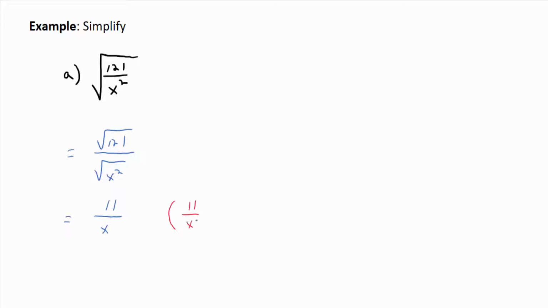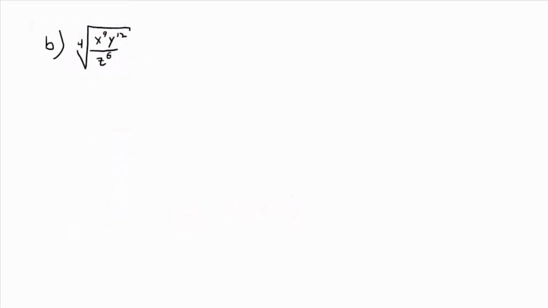Or 11 over the absolute value of x if variables can be negative. In this case, I'll just put if x can be negative. Okay. Is x going to equal 0 in this case? No, and that's just the natural assumption. Oh, yeah, we can't divide by 0. You guys could have done that one without me. Let's go on to the next one.